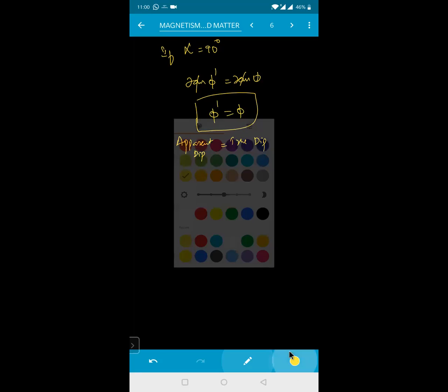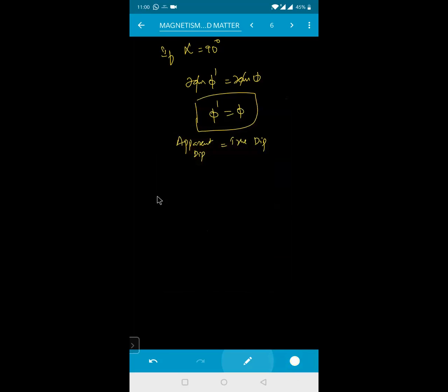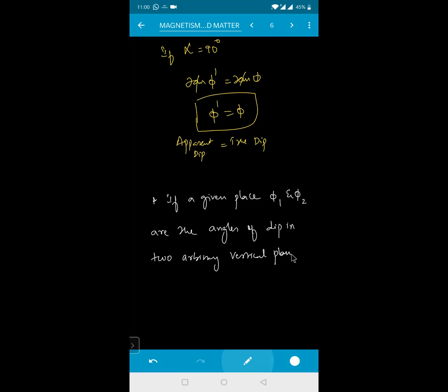Now see, if at a given place phi 1 and phi 2 are angles of dip in two arbitrary vertical planes, which are perpendicular to each other.